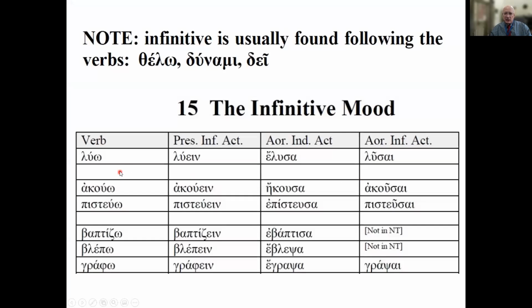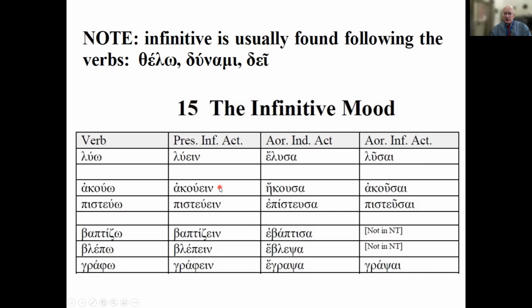But you're able to tell the difference between a present infinitive and an aorist infinitive because of the aorist stem, whatever that aorist stem may be. Akuo, the aorist stem is akus with sigma, akusai. To hear, to hear. The important thing is to know the forms and to know how to translate them into English.